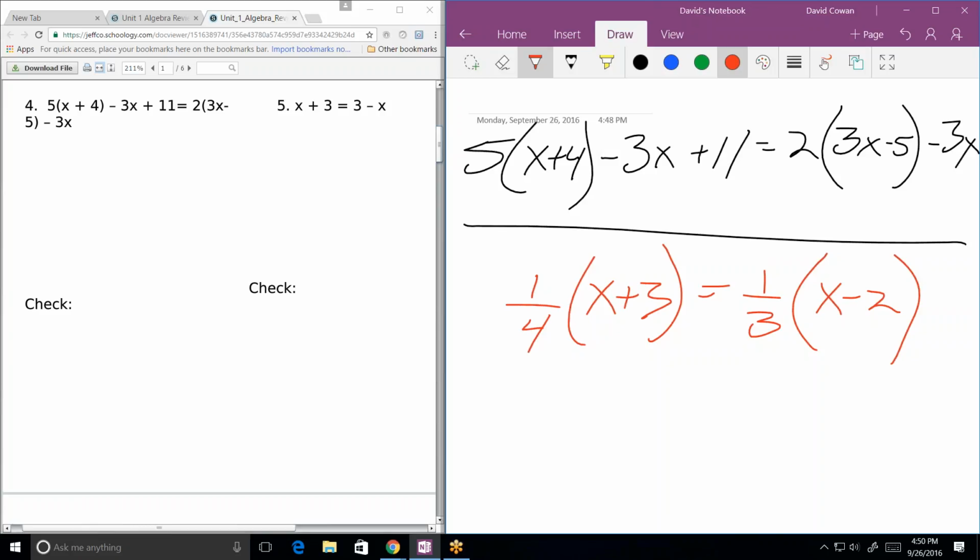Parentheses? No. If I distribute this, I get something quite complicated that looks like this. Well, notice that if I get rid of the denominators first, it's going to turn into a much simpler problem. What can I multiply both sides by to get rid of this denominator?